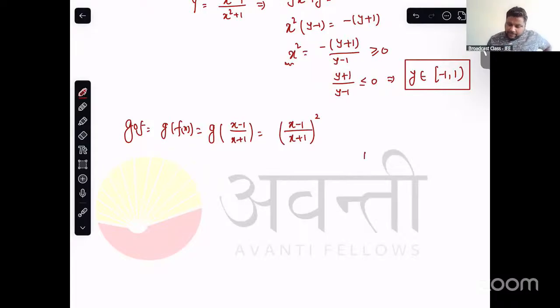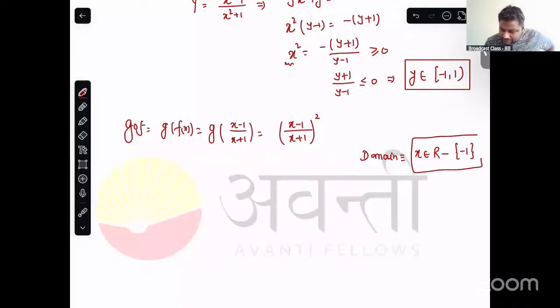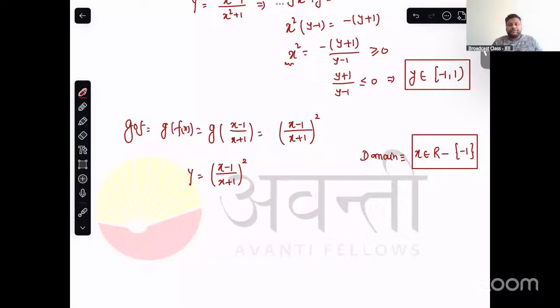What should be the domain? Domain should be x belongs to R minus {-1}. Now for the range, let us assume y equals x minus 1 upon x plus 1 whole square.